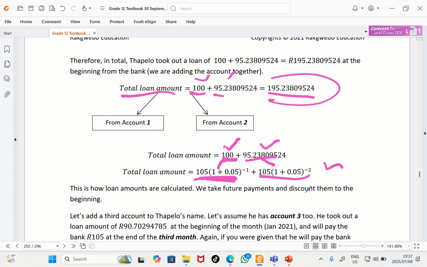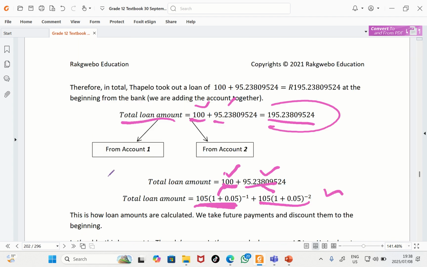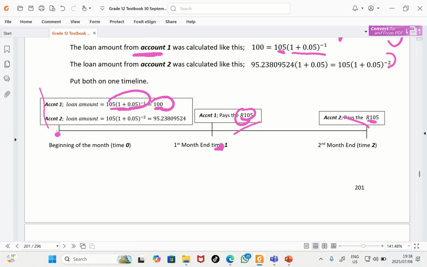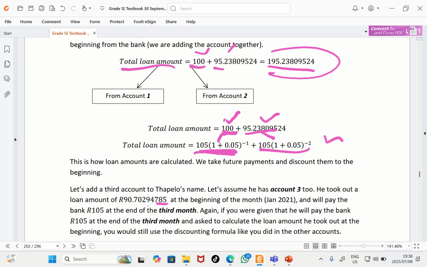Then I'm going to introduce a third account. I apologize if this is too much. There's nothing complicated here. In this third account, at the beginning, same beginning. He loans out 90.7 from the bank and promises to pay in 3 months' time, in the third month. How much does he promise to pay? Basically that 105.